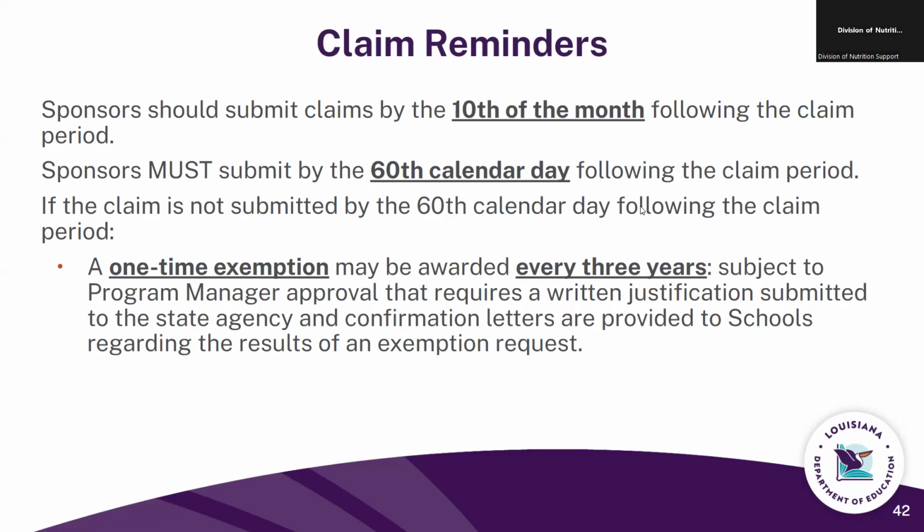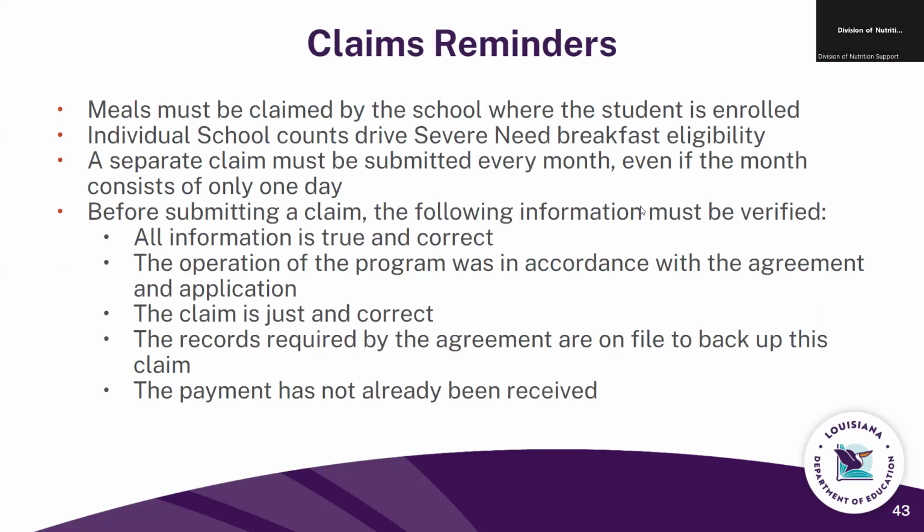If the claim is not submitted by the 60th calendar day following the claim period, a one-time exemption may be awarded every 3 years, subject to program manager approval that requires a written justification submitted to the state agency, and confirmation letters are provided to schools regarding the results of an exemption request. Claims reminders.